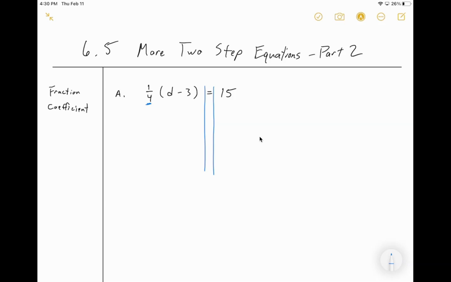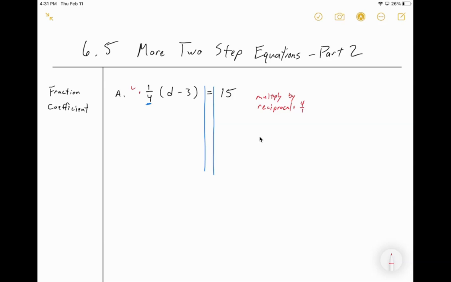Now, how do we get rid of the 1/4? Remember, this is 1/4 times d minus 3. So what we're going to do is divide, but we don't divide by fractions. Instead, just like we learned in lesson 6.3, we're going to multiply by the reciprocal, which is 4/1.